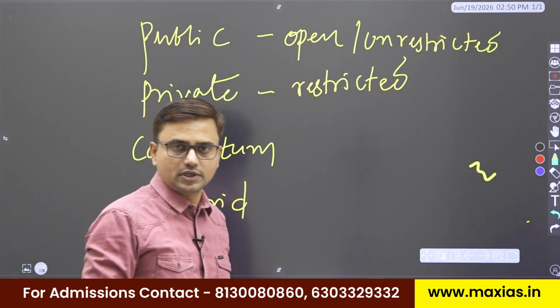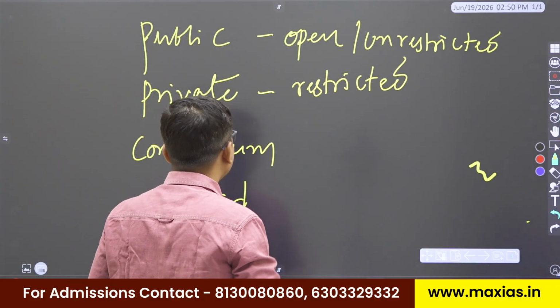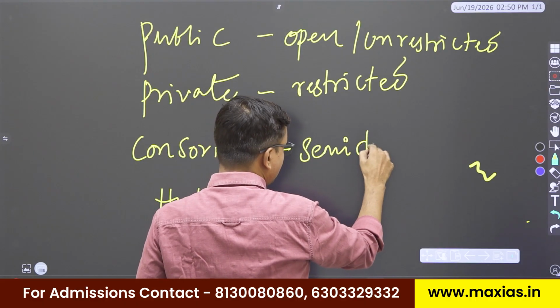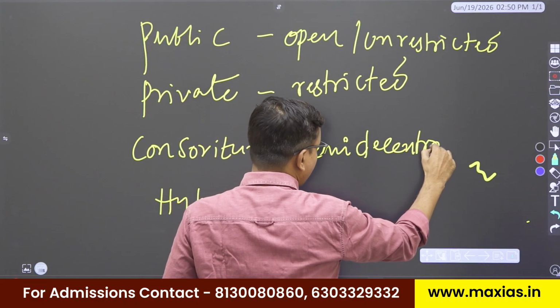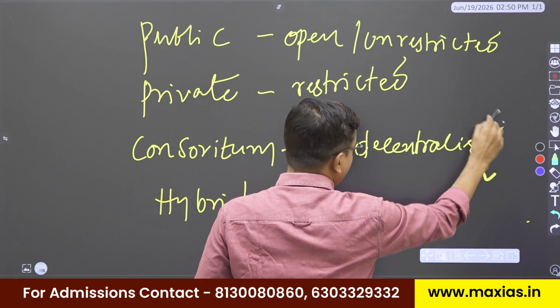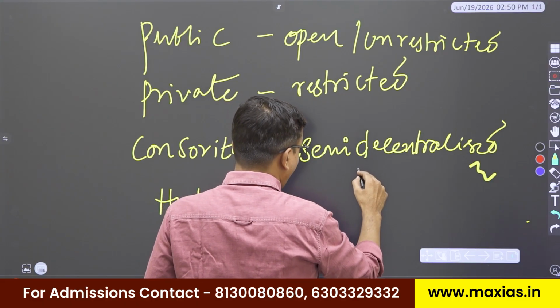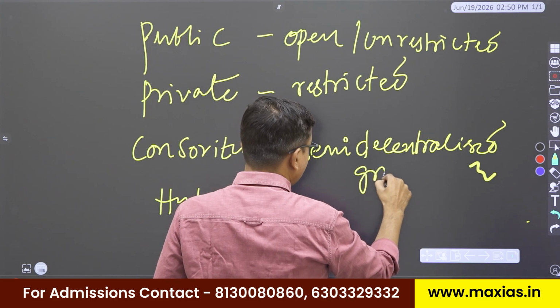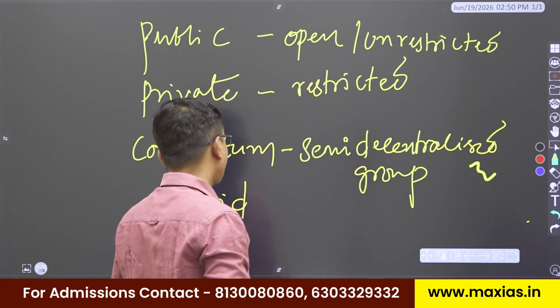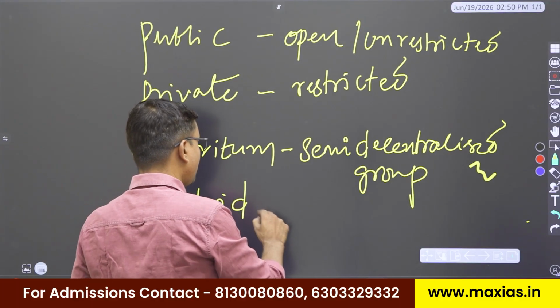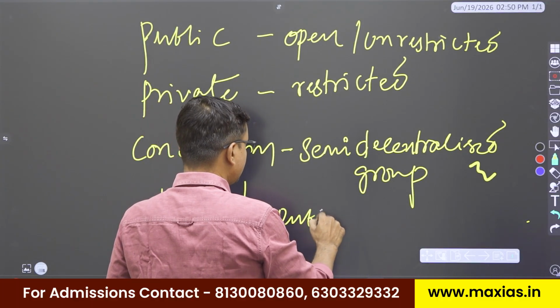What is the meaning of a consortium? Consortium means a group. So it represents a semi-decentralized blockchain owned by a group of entities. Hybrid blockchain is very simple. It's a mix of public and private.